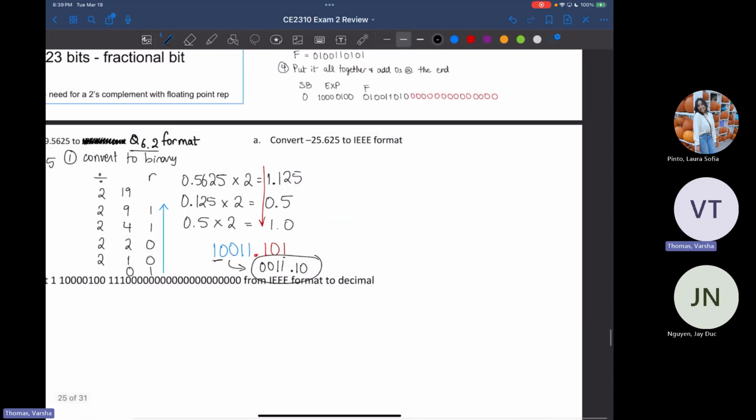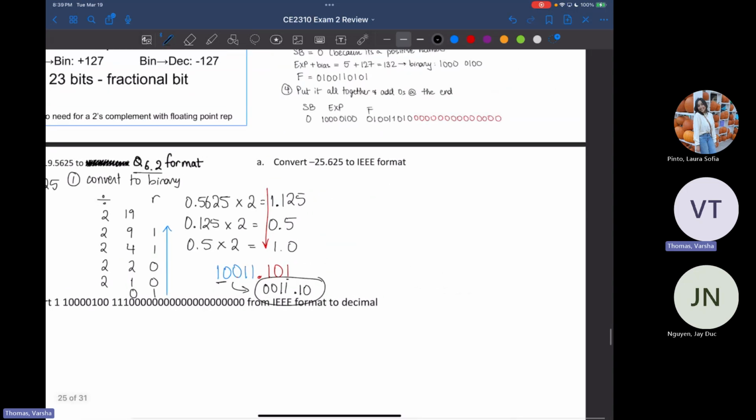Okay? Okay. So for this example, for converting negative 25.625 to IEEE format, the first step is convert to binary. I'm going to assume that you all know how to convert to binary for now, and just tell you what the binary value is.